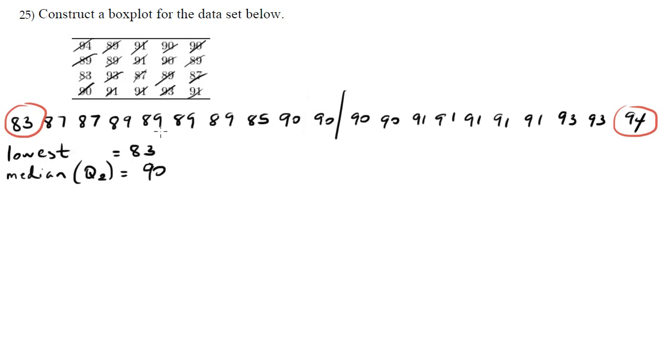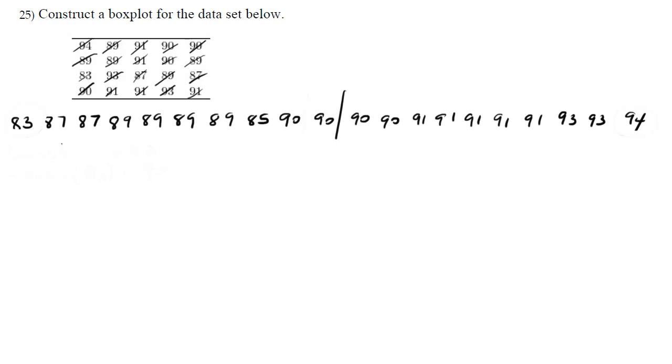I'll erase this so it doesn't mess with what I'm thinking about for this next piece. Just want to write these values in a nice order that makes sense for me. So the lowest value is 83. The median is 90.